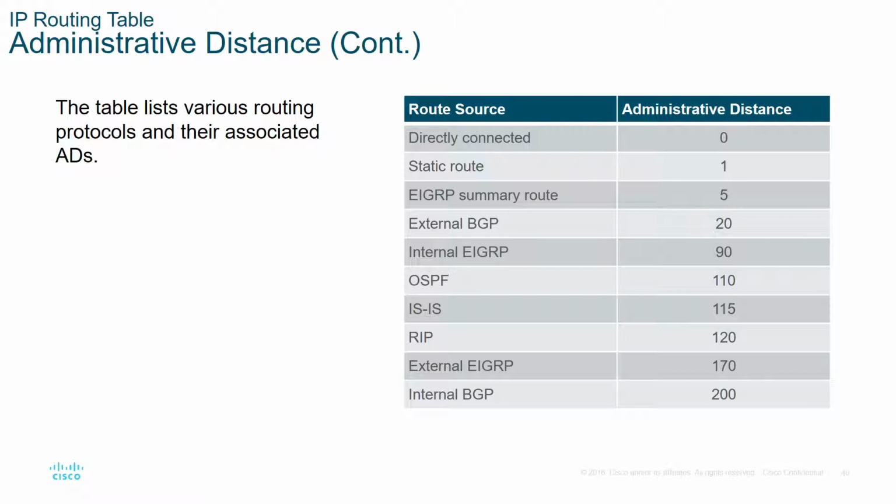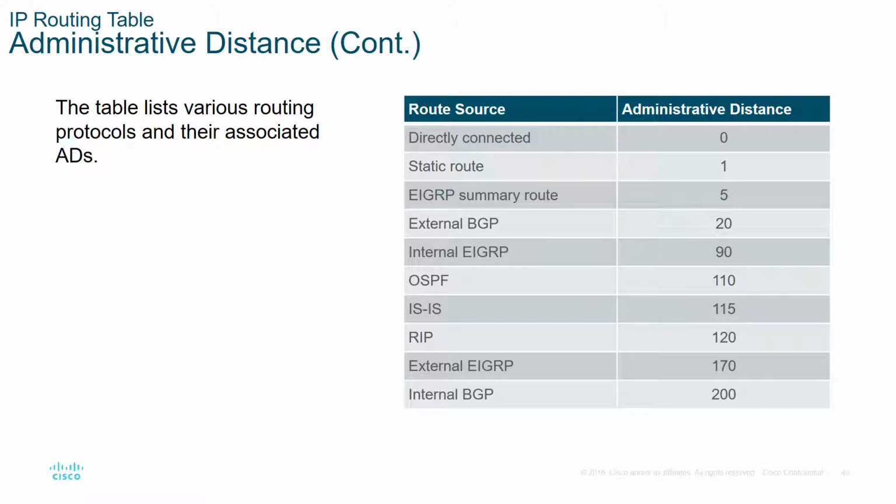EIGRP, which is the Enhanced Interior Gateway Routing Protocol, has an administrative distance of 5, external BGP 20, internal EIGRP 90, OSPF 110, IS-IS 115, RIP 120, external EIGRP 170, internal BGP 200.